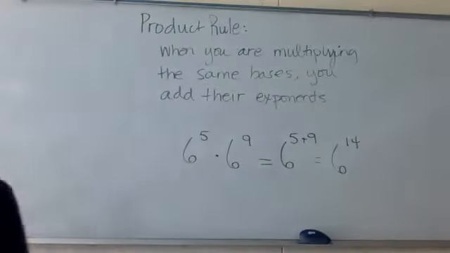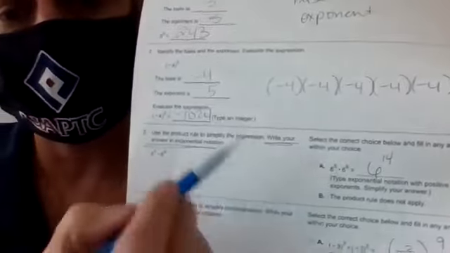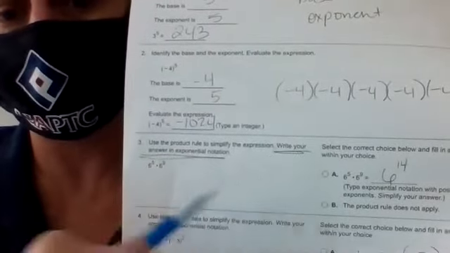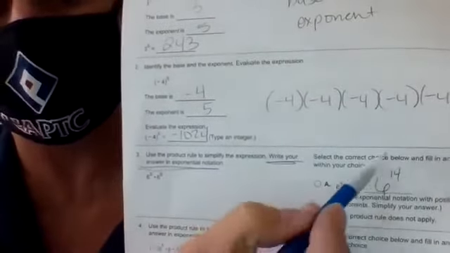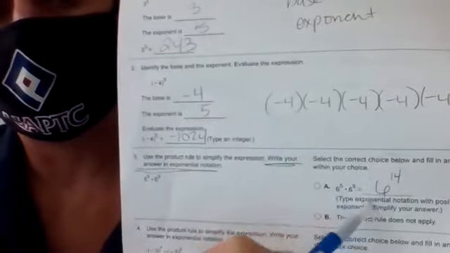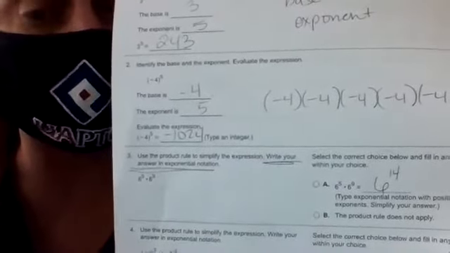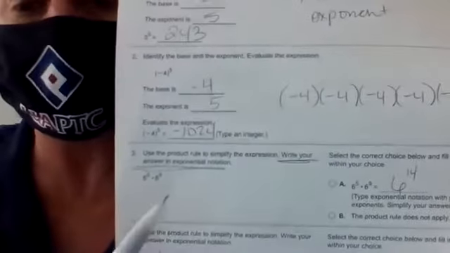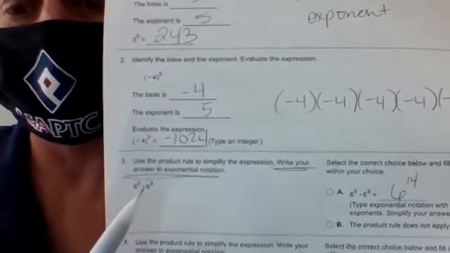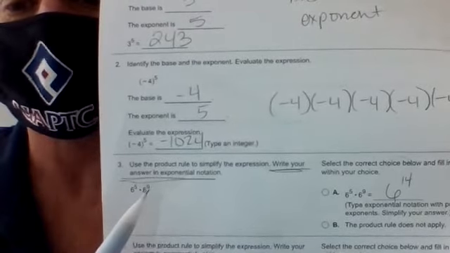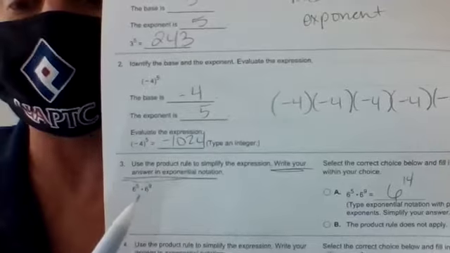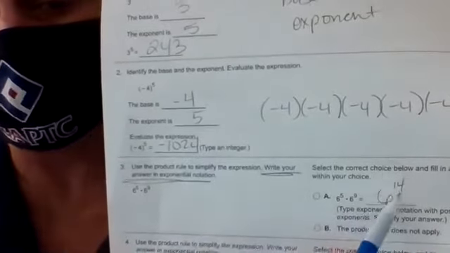Now, I could type in what is 6 to the 14th, but this particular problem states to write your answer in exponential notation, which means it wants the exponent answer, not what you get when you type 6 to the 14th in your calculator. The main objective of this problem is for you to show that you know that 6 to the 5th times 6 to the 9th is simplified by writing that same base and then adding their exponents together.